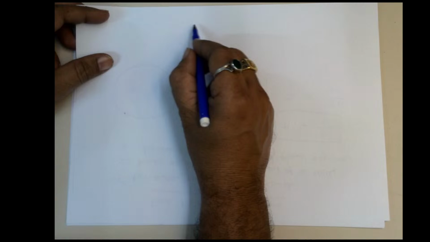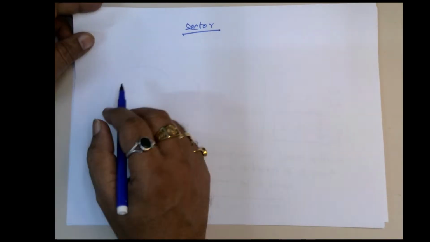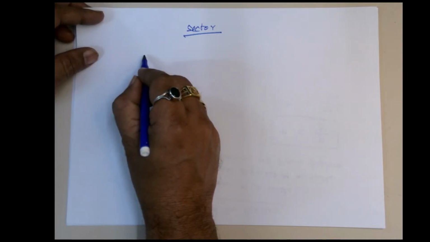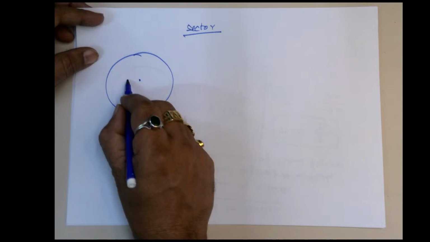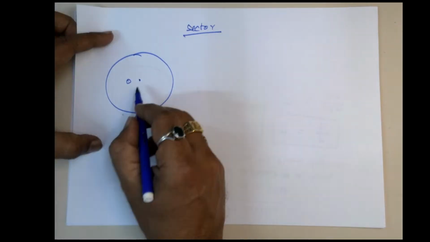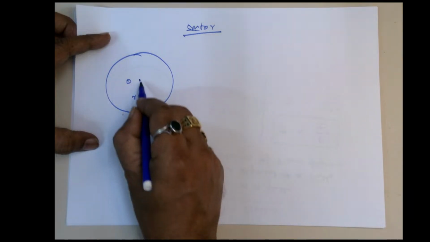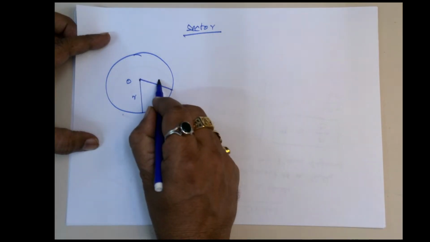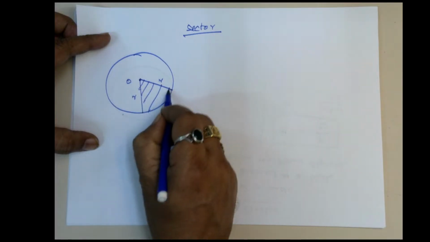What do you mean by sector? So here let me draw the same circle, where O is the center of the circle. Now you have one radius, and the same radius is here, and this portion is called a sector of a circle.